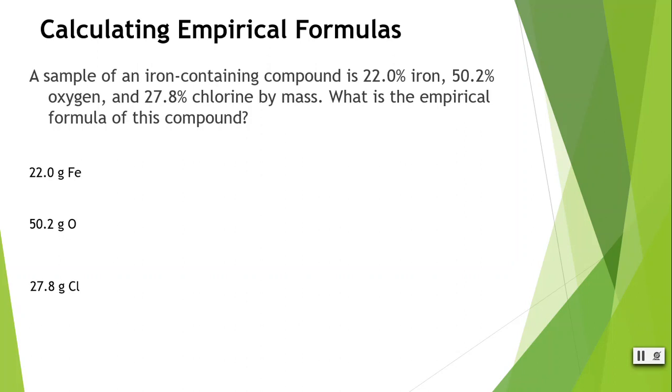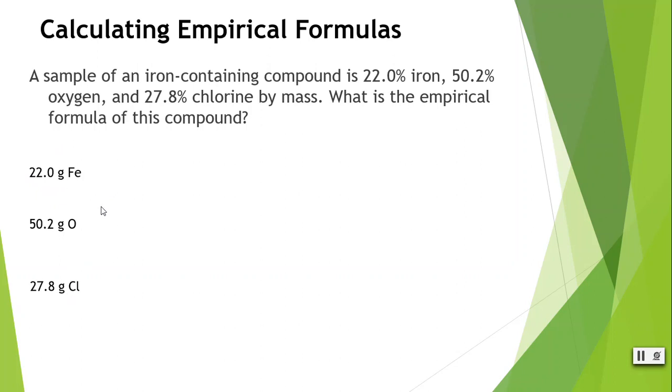Step 1, which I've already done for you, is to take these mass percents, assume a 100-gram sample, lop off the percent sign, and put on a gram sign. So my 22% mass percent of iron becomes 22 grams of iron. So on and so forth.